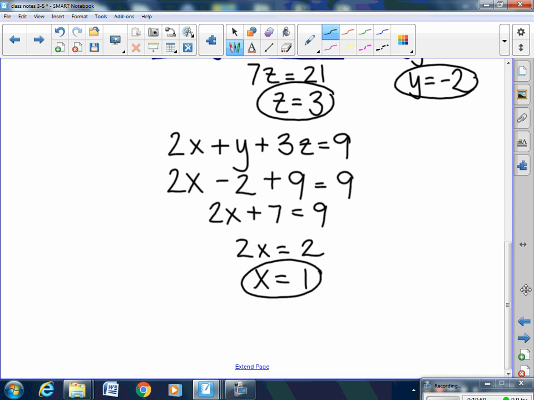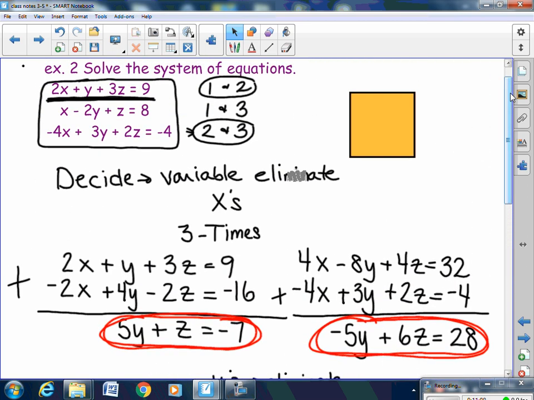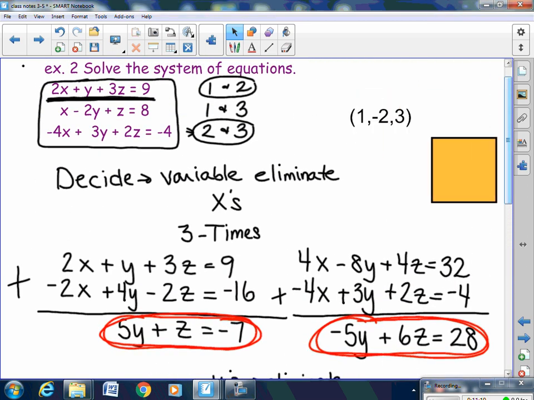Again, you can leave it like this, or if you want, you can write it in alphabetical order. We found out that x was 1, y was negative 2, and z was 3.